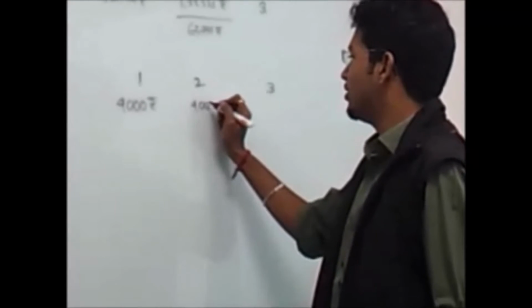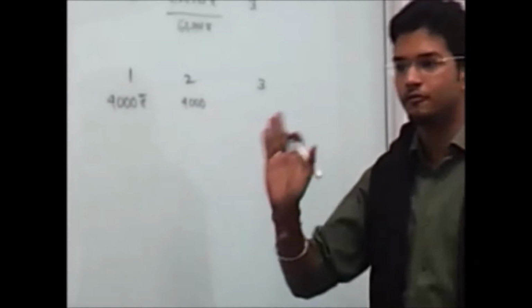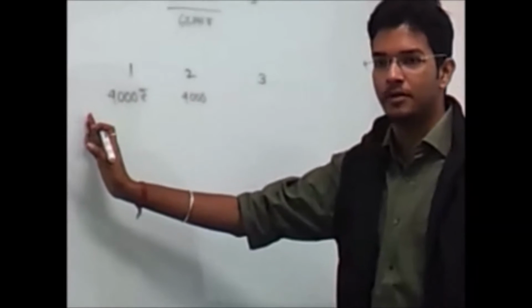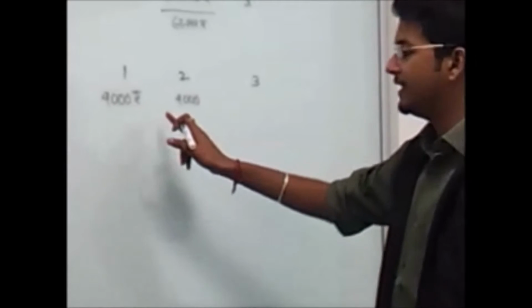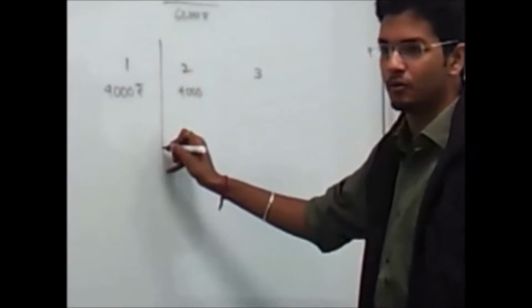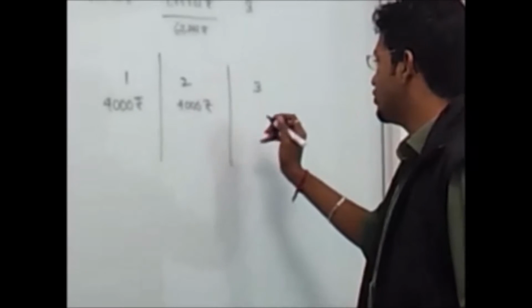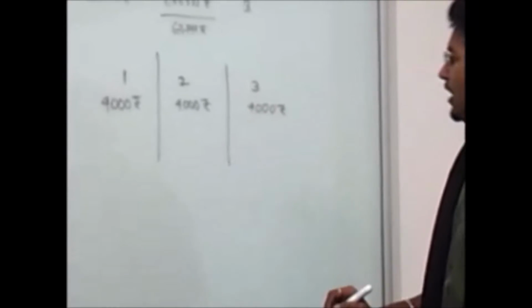So at the beginning of the 4-month period, he orders this 4,000 rupees worth of stock. At the end of the 4-month period, he is right at 0. He orders again 4,000. Then here again he comes to 0, and then 4,000 rupees here. And then he sells this entire stock, 12,000 rupees worth. The sales are happening throughout the year on a random basis.